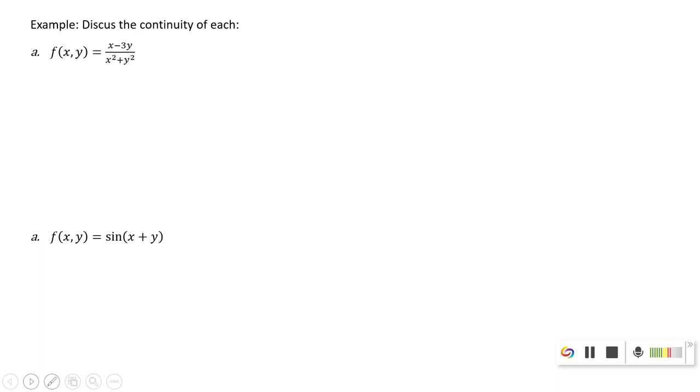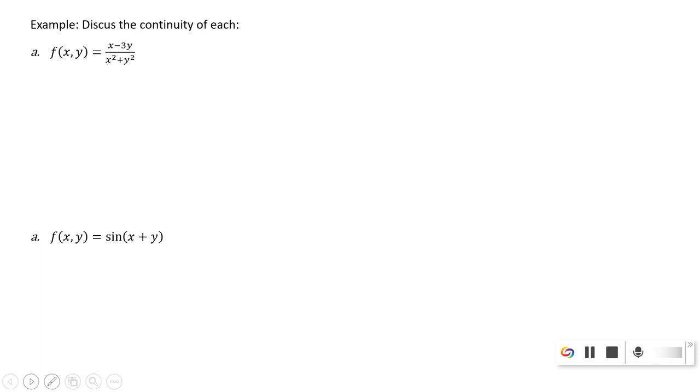The functions that we're working with are going to be continuous on their domains because on the domain of these functions, to find the limit, you can use direct substitution. You just plug the numbers in, and so the limit and the function values are going to be the same on their domains.